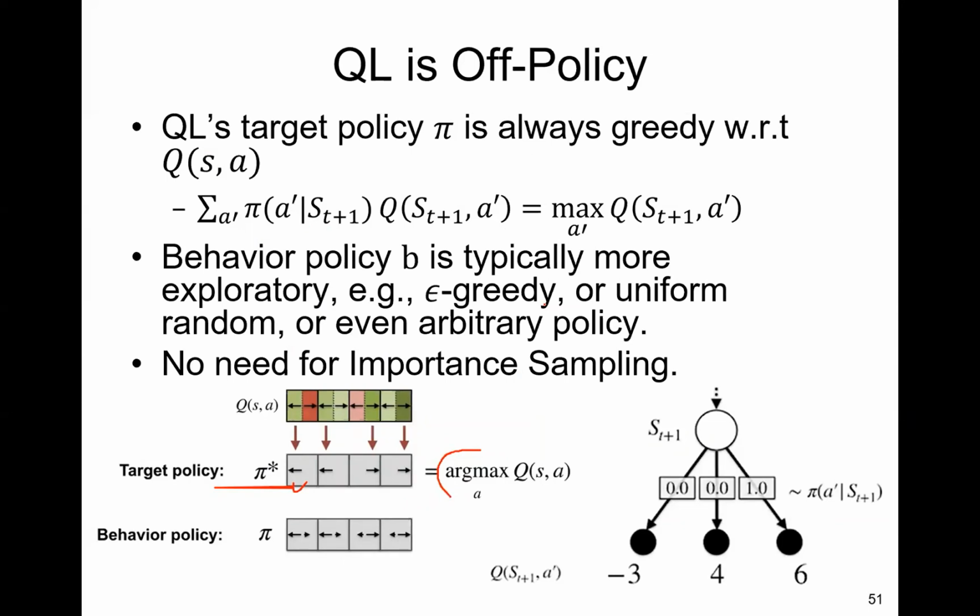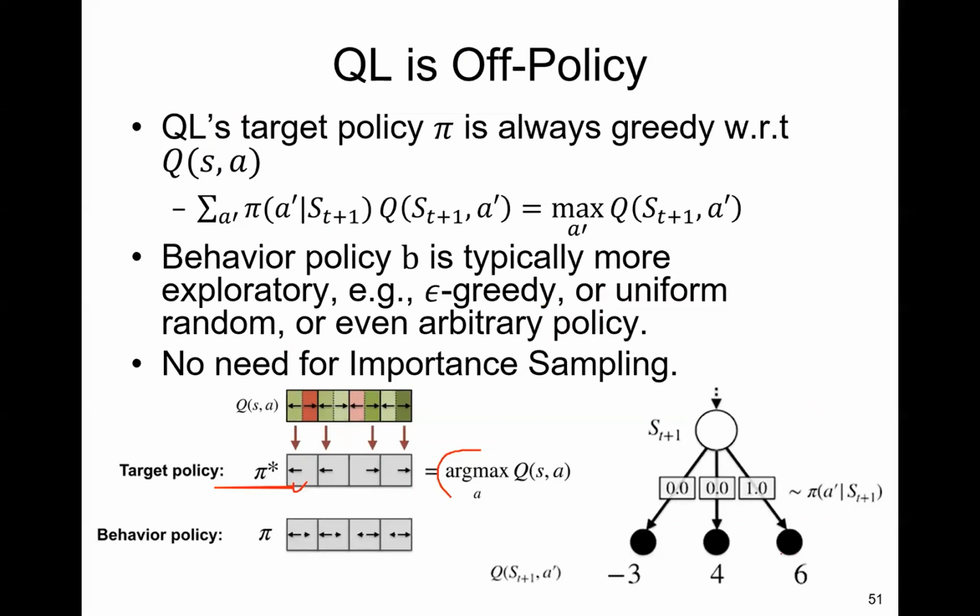If you had one policy, then you would need importance sampling to account for the differences between the target policy and your actually running policy. But here we have two different policies.